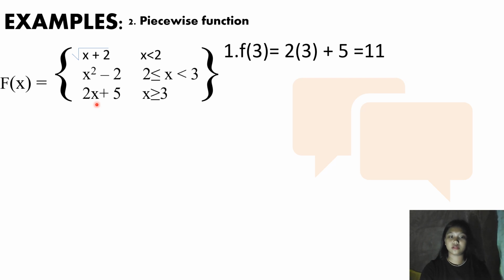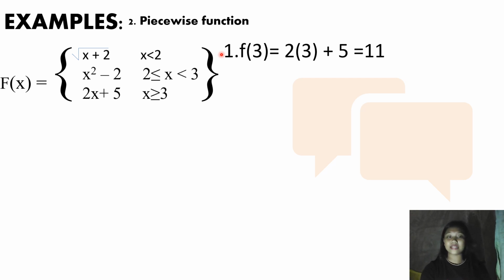Now, we identify f of x, where we substitute 3 for x. Therefore, we get 2 times 3 plus 5 is equal to 11. Now, we get that f of 3 is equal to 11.